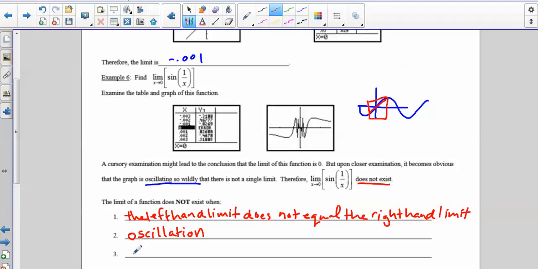And then the third reason when the limit might not exist is if you're going to infinity or negative infinity. Remember that we write infinity or negative infinity as our answer, but that's actually a special case of does not exist. So I'll just write infinity there.